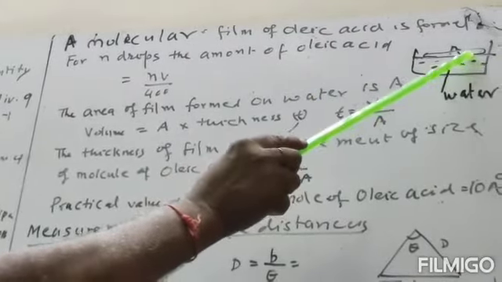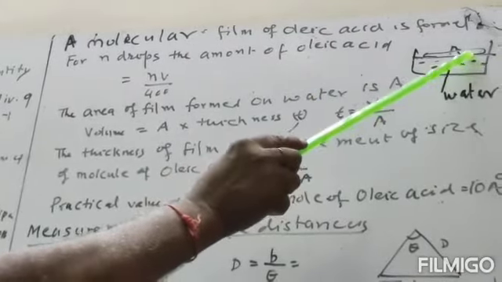Now we drop this solution one by one on it, and we count that n drops are poured on it. Then this n drops will be spread over the surface of the water, and the lycopodium powder will be displaced, and we can measure the area of the oleic acid film.